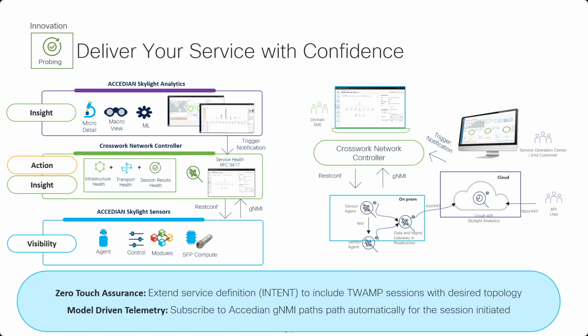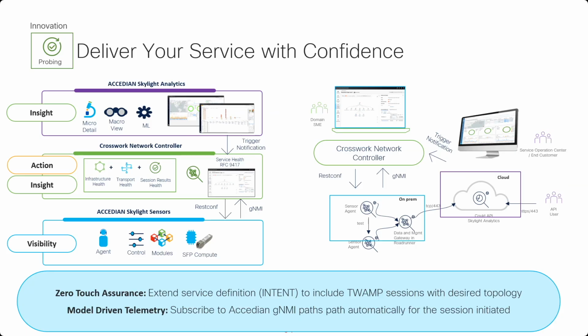The Crosswork Network Controller does not know where the different probes or sensors of Accedian are deployed, or which type of sensor is deployed. It's just asking, okay, I want a session from here to there. If the probe is there, the Accedian orchestrator will answer, here is your session. If the probe is not there, it will simply say there is no session that I can initiate.